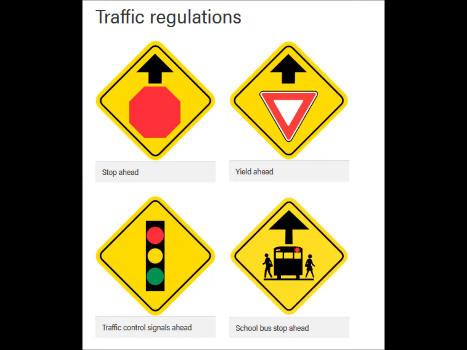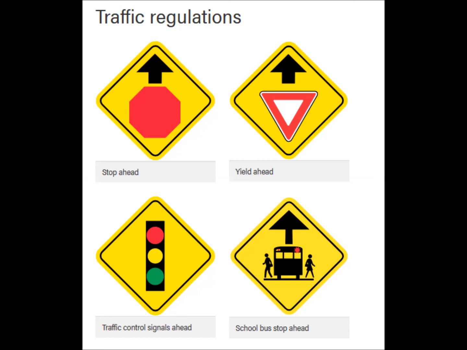Within it is a black rectangle, vertical. On top of the black rectangle are a red circle, a yellow circle, and a green circle, listed top to bottom. Traffic control signals ahead.